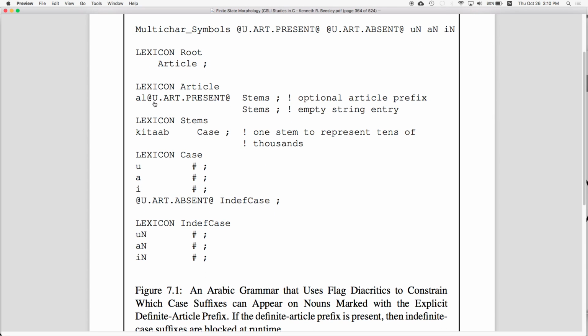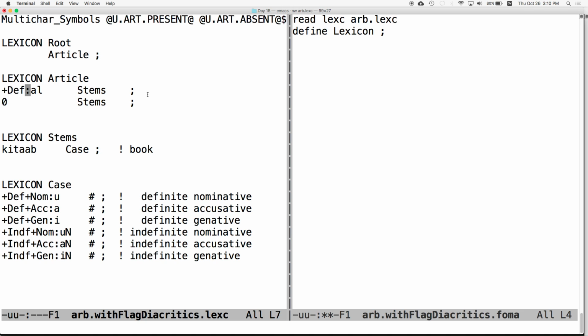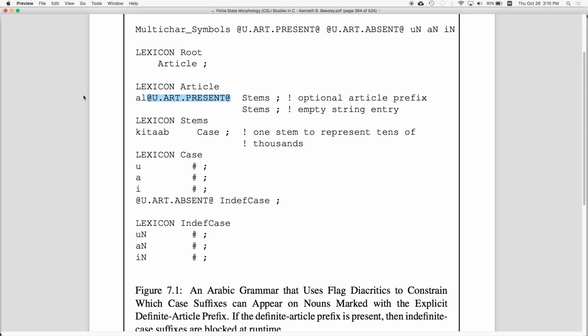So on al, they marked article present. And they didn't use the definite markers. Let's get rid of them for now, and then we'll come back and maybe add them back. So here they said al is going to unify article to present, if possible.